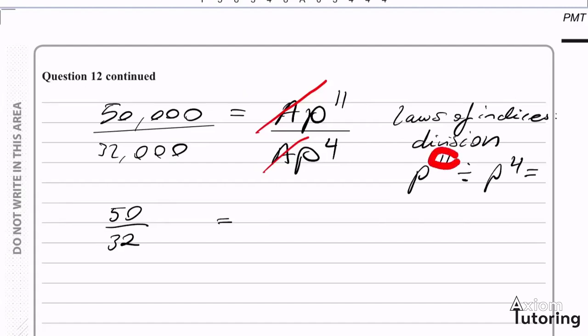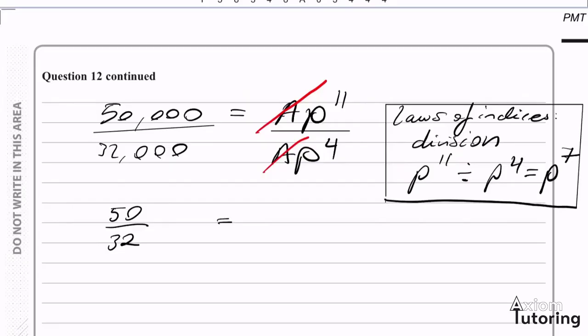Well, we take away the index of one from the other. So we're left with P to the power of 11 minus 4. So it's going to be 7. Okay, so that's one of our laws. It's quite important, that one. I'll put a box around it, and highlight it as well. So then P to the power of 7.